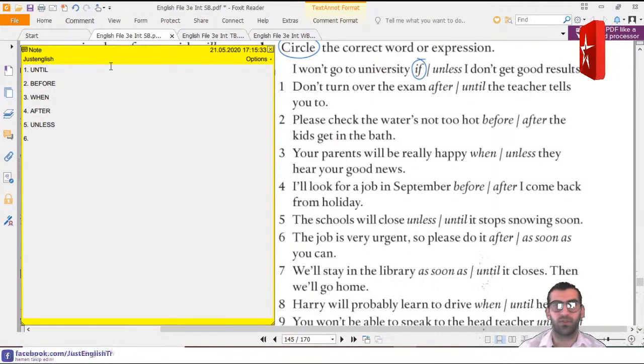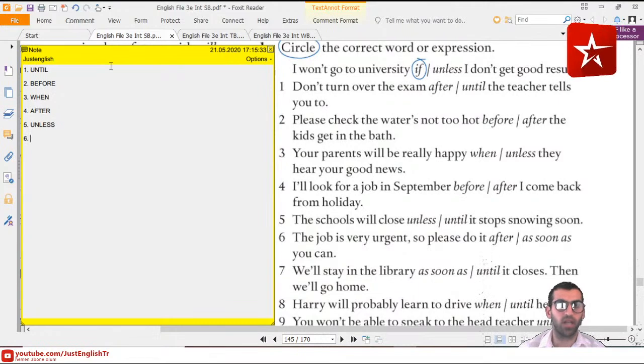Because of the first part of the sentence, unless is a correct answer for number 5, because the schools will close if it doesn't stop snowing soon.